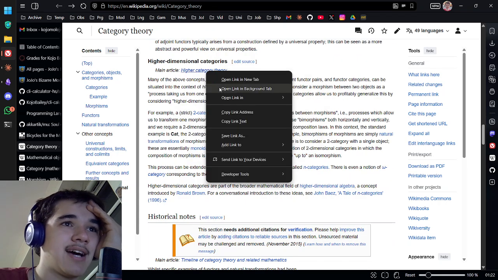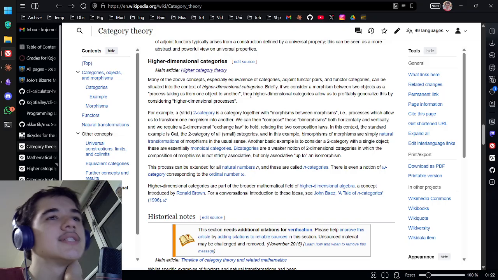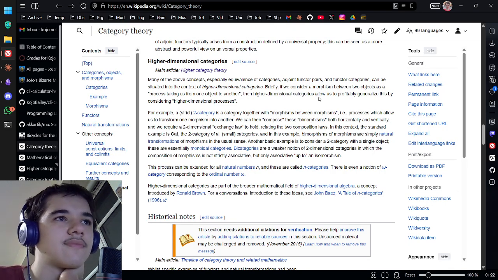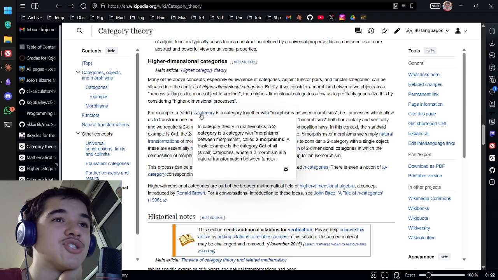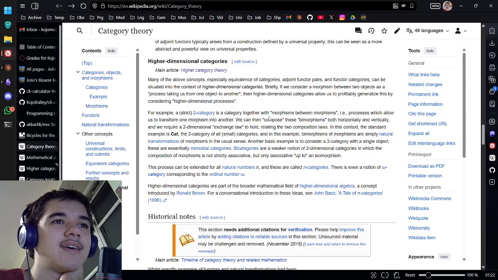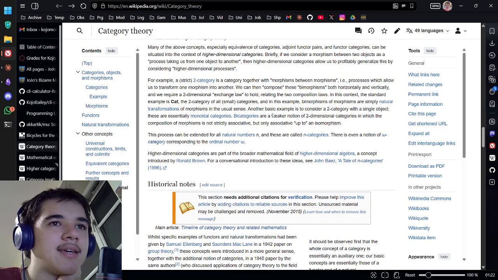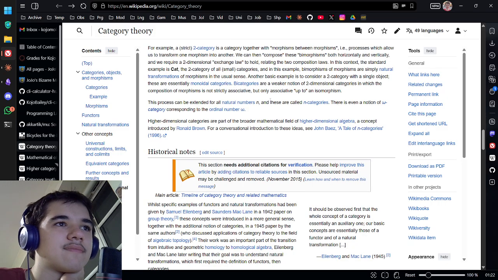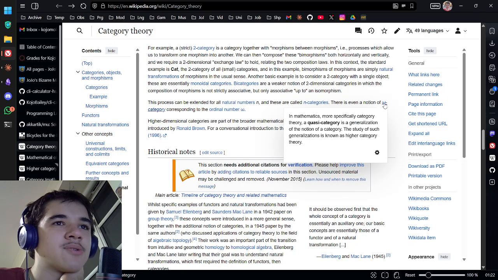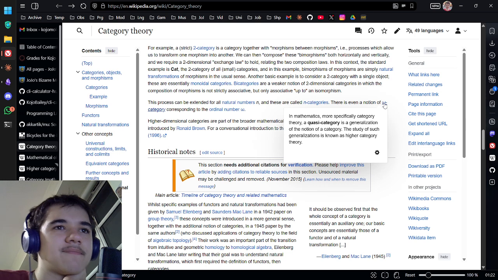Okay. For the concepts and results, higher dimensional, yeah, higher category theory. What the hell? I will come back to that later for sure. Two-category is mentioned. There's a whole page just for two-category. That's crazy. Yeah, morphisms, bimorphisms. What? Omega category. I saw that just now. Quasi-category.